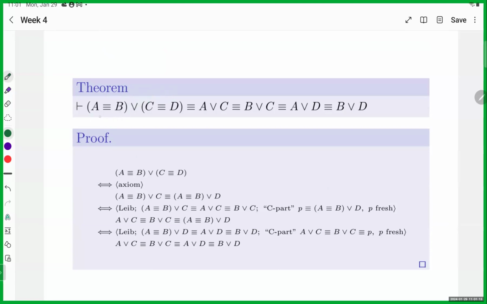If D is itself A is equivalent to B, then A or C is equivalent to A or D is equivalent to B or C is equivalent to C or D. Again, the proof is completely obvious when you think about it. What you want to do is first call this formula a D and apply the distributivity.